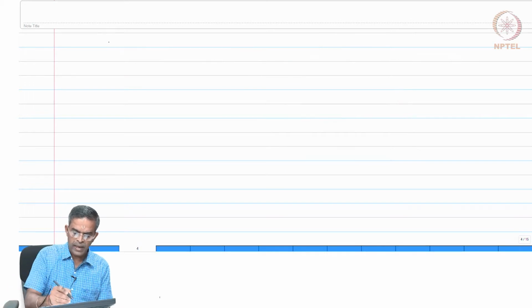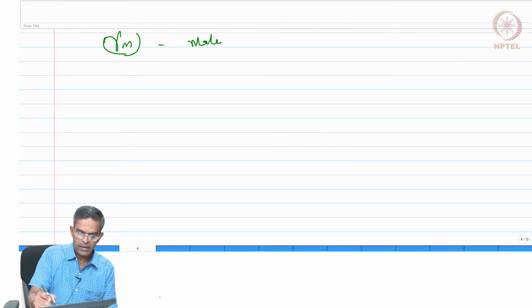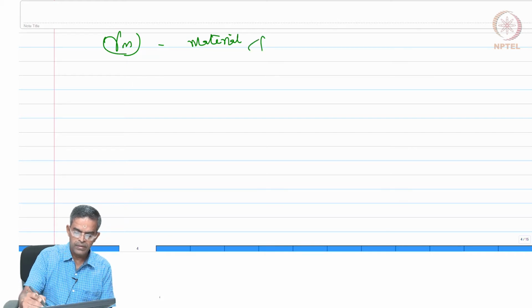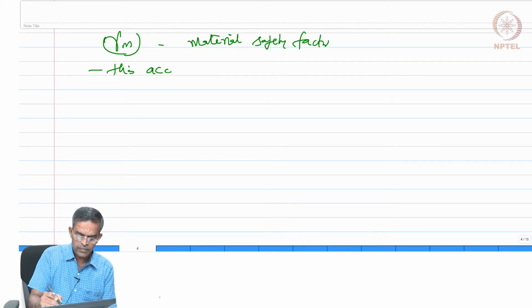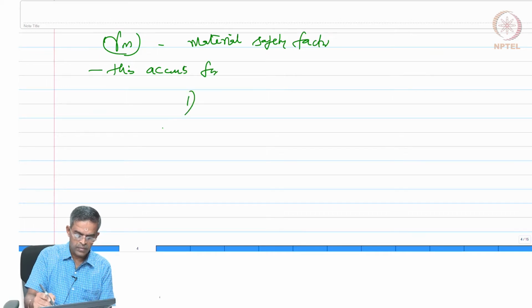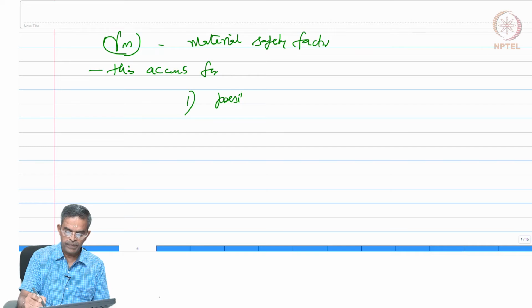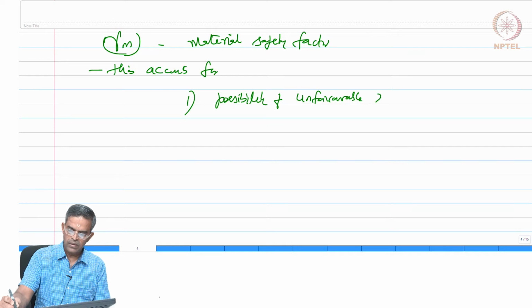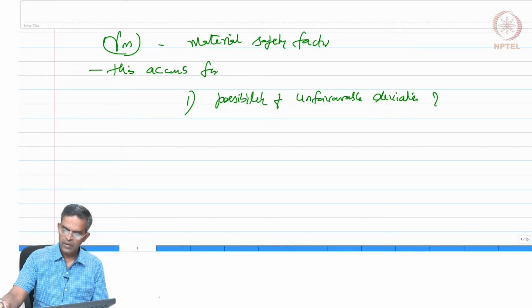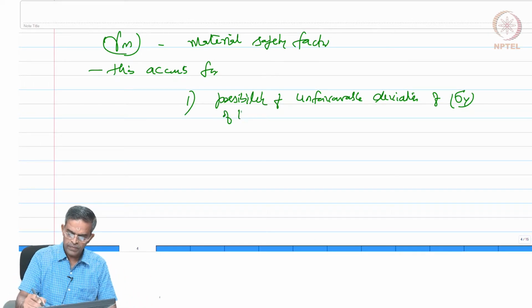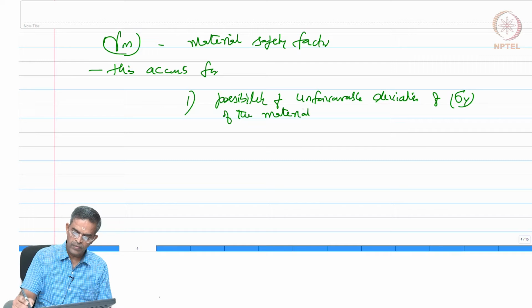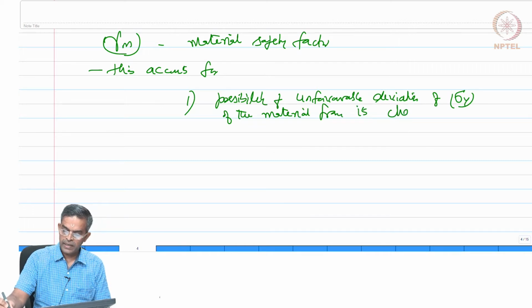Similarly, if you look at gamma m, this accounts for the possibility of unfavorable deviations of yield strength of the material from its characteristic value.